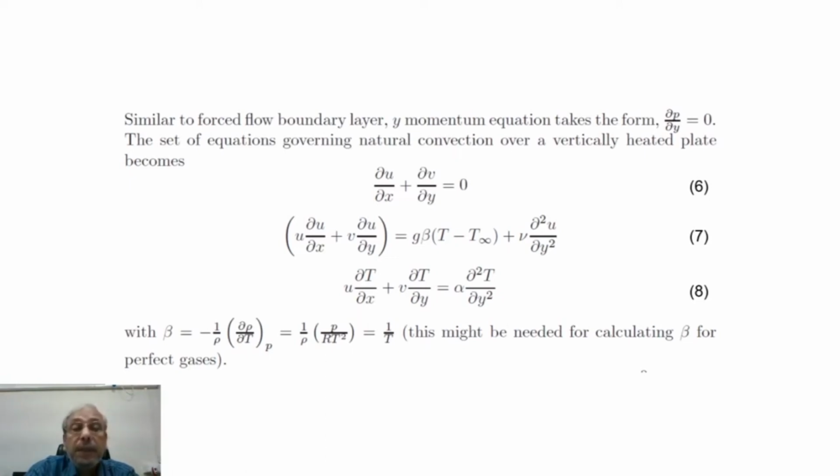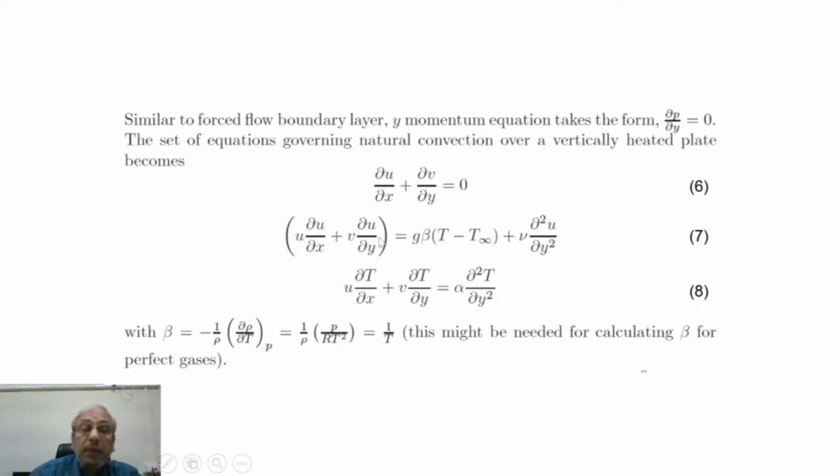The set of equations governing natural convection over a vertically heated plate then becomes, we invoke the Boussinesq approximation. That means the continuity equation we need not change, it remains ∂u/∂x plus ∂v/∂y equal to 0, but the effect of buoyancy is added to the momentum equation in the flow direction, which is the vertical direction.